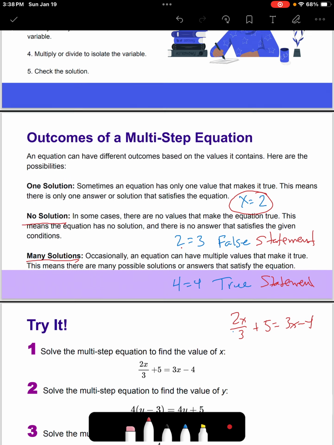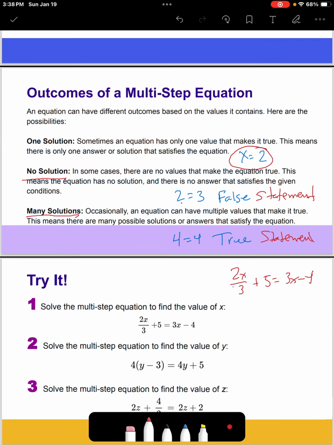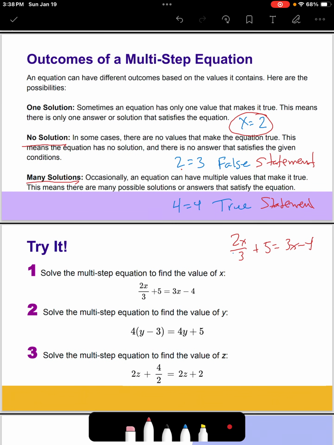Your steps say multiply to clear the fractions. So we're going to multiply every single term by 3. So this cancels, and I get 2x plus 15 equals 9x minus 20.